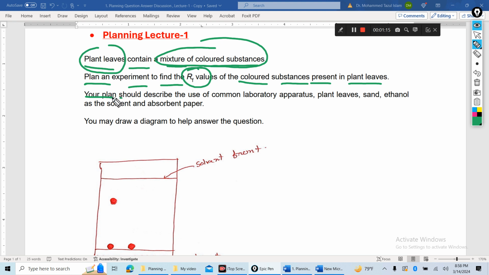Your plan should describe the use of common laboratory apparatus, plant leaves, sand, ethanol as the solvent, and absorbent paper. You may draw a diagram to help answer the question.